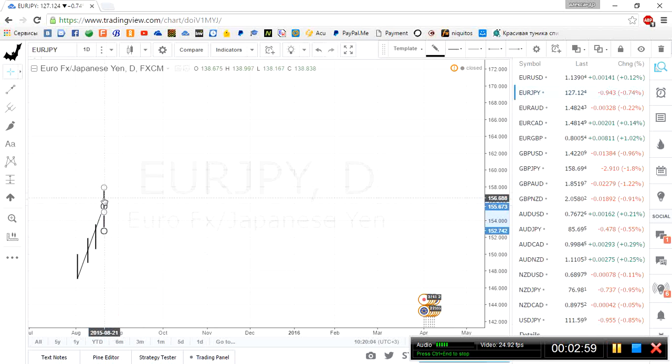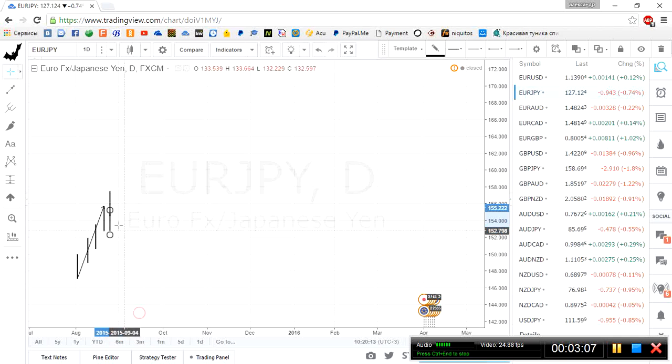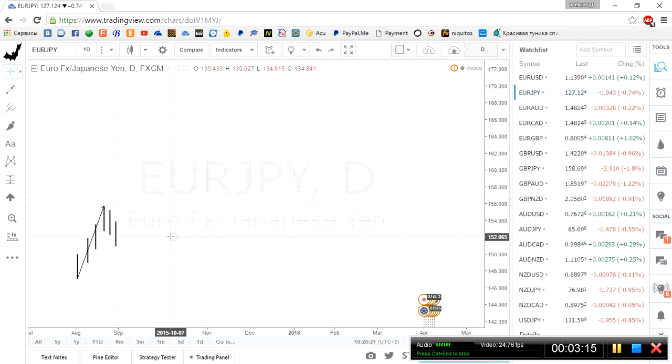Let me clone that, and we have some candle that has a lower low below the previous low. And the system says we need two because it is a two-bar identification swing. So we need two lows. One low is lower than the previous one, and another low is lower than the previous one. So that means that the first swing ended, and another swing, the opposite one, began.